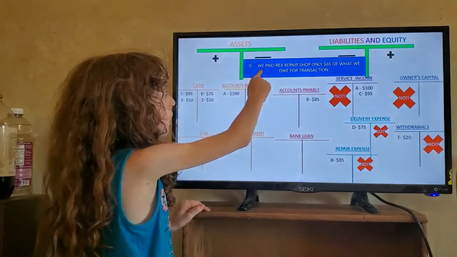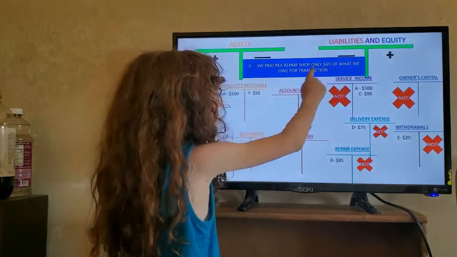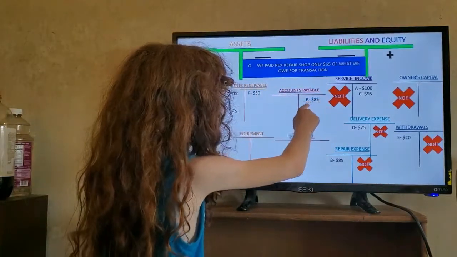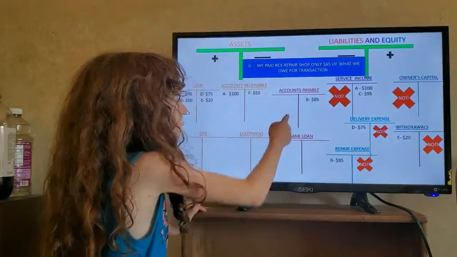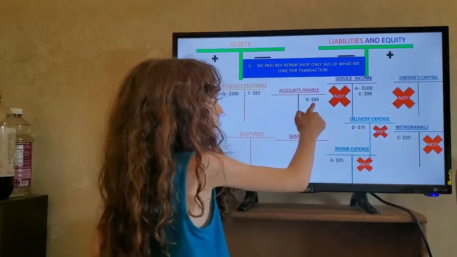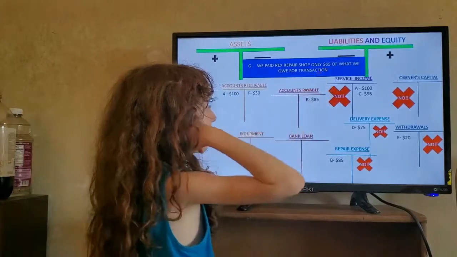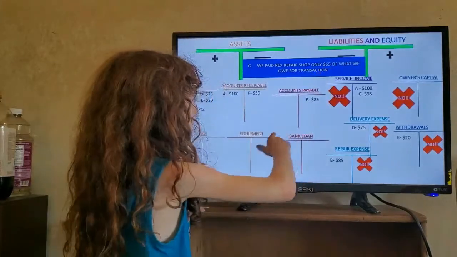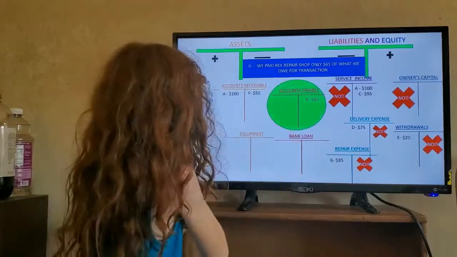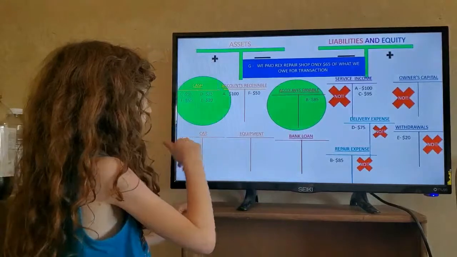Transaction G. We paid Rex Repair Shop only $65 of what we owe for transaction, oh, I meant to do B. I meant to say transaction B. Well, if it was $85 and we paid $65, we still have a little bit left over. Accounts payable and cash will change.